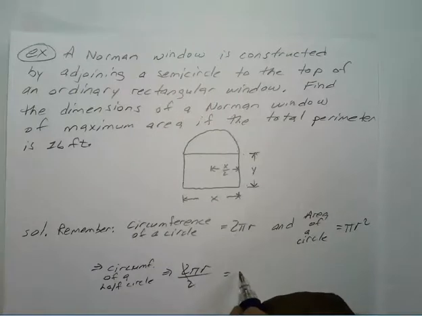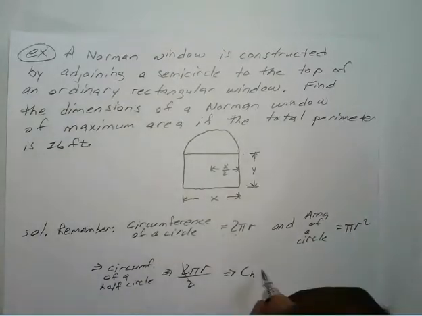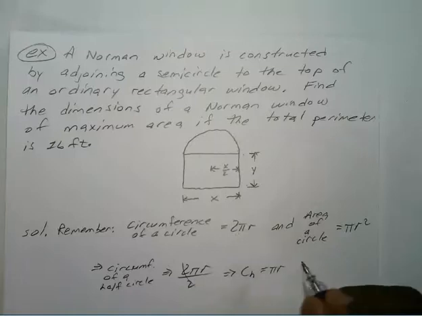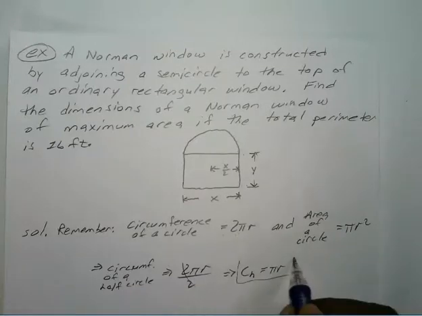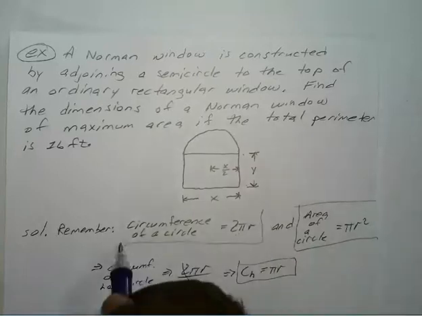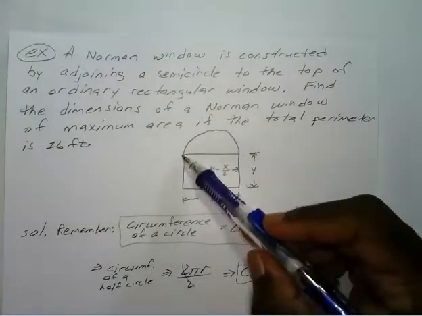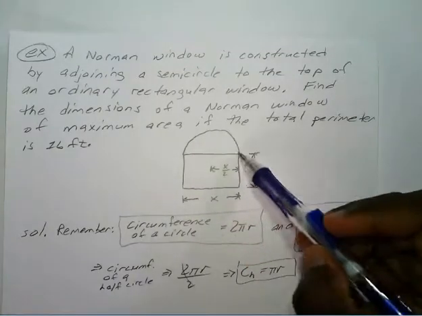So it's going to be pi r. So we'll let our circumference of a half circle, I'll put that little h to be half instead of just circumference, equal pi r. Okay, so these are all the things we're going to need going forward. And remember, the circumference is just the length of the outside.